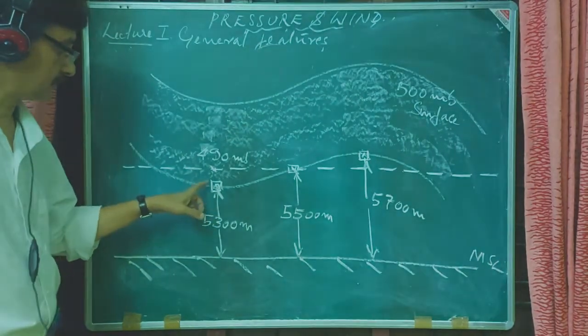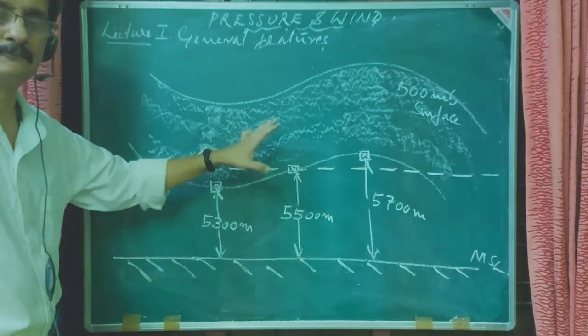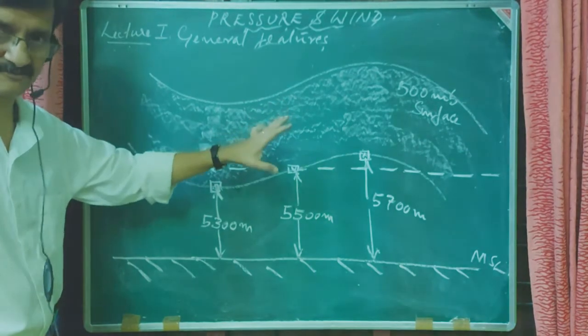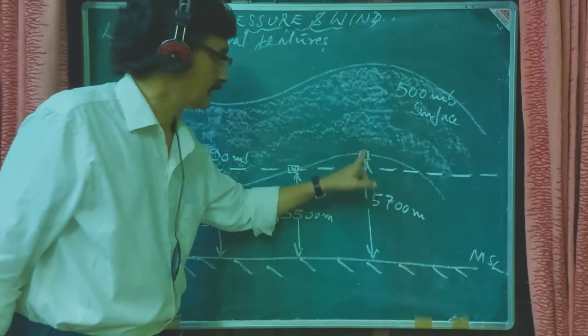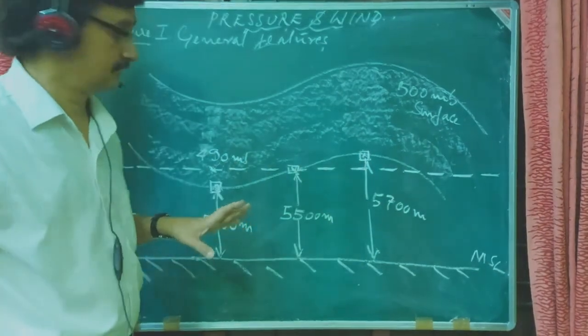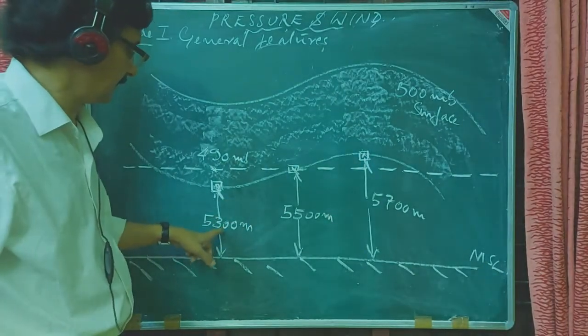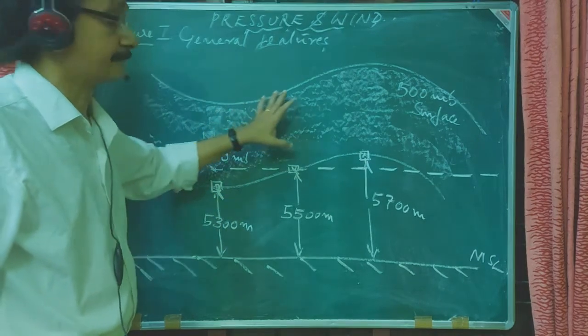You need not anticipate that the 500 millibar surface will provide the same height from the mean sea level everywhere. The height from the mean sea level differs for a pressure level.